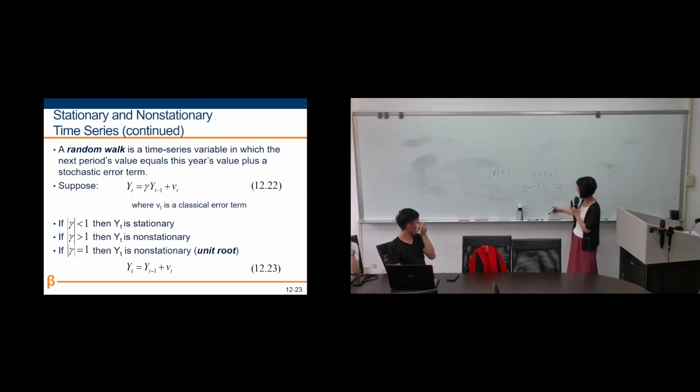Since 0 is in between, if gamma is positive, the current term will be affected by the previous one. For example, if this is 0.5, this is the current number and this is lag one, so the current yt will be yt minus 1 times half.